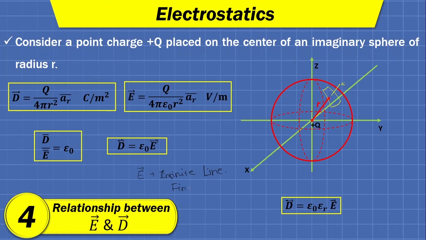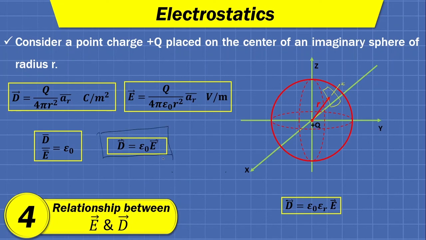We have already derived these equations of field intensity, and having the final results of those equations, we can directly find the flux density in every case using this equation, D bar is equal to ε E bar. And this is the application, or the importance, of this relationship: we don't need to fully derive the equation for flux density. By only having knowledge of intensity for any kind of charge distribution, we can directly find the flux density using this particular equation.